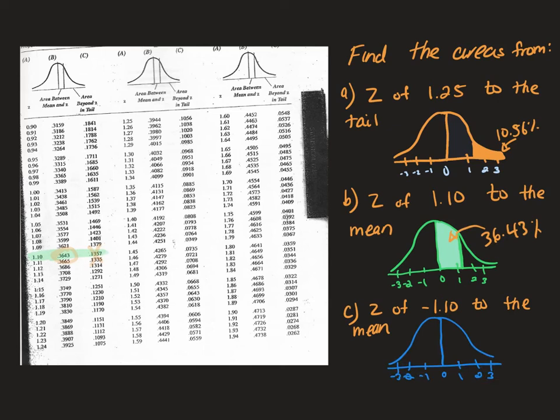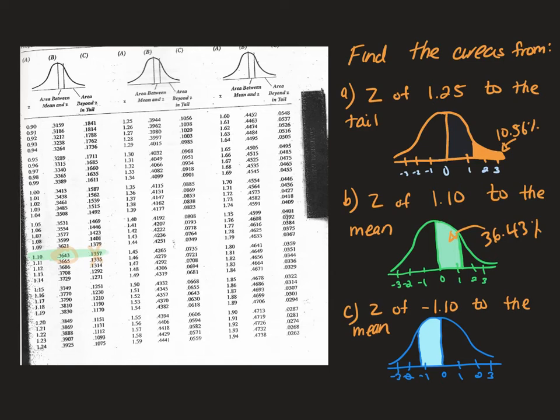I'm going to try this one more time for the third example. We want the area from a z of negative 1.10 to the mean. I'm going to start by sketching. Now I'm going to shade. I've shaded my area going from negative approximately 1.10 on my sketch to the mean. Now when I look this up in the table, I notice that there is an area for 1.10, but there's no negative sign in front of it. This is because the graph is symmetrical.